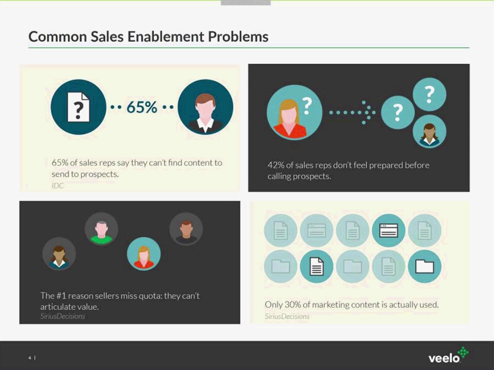If we sit down and talk to many sales enablement professionals, these are the common problems that they solve. I should step back there for a second. Depending on the size of the organization, you may have a formal sales enablement team, people that have sales enablement in their job titles.